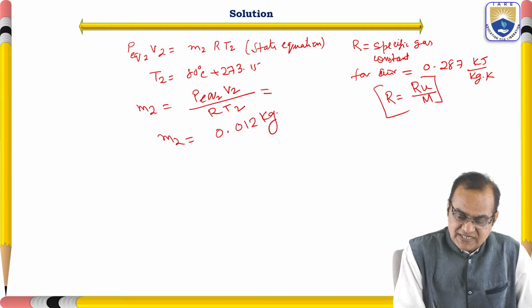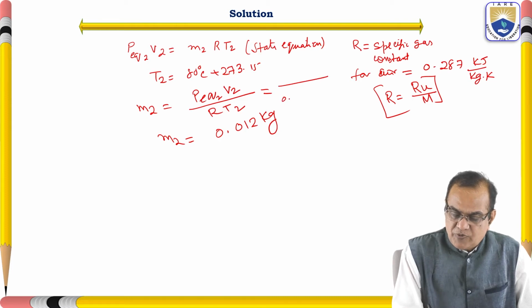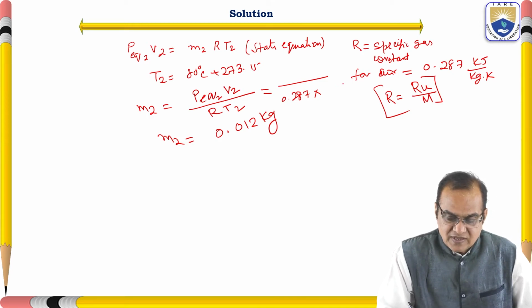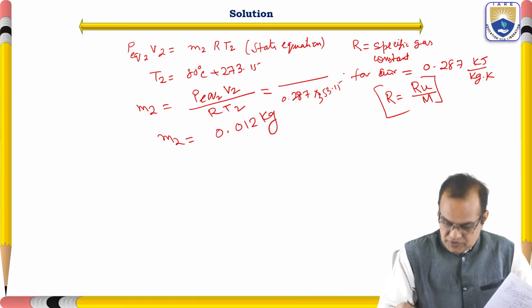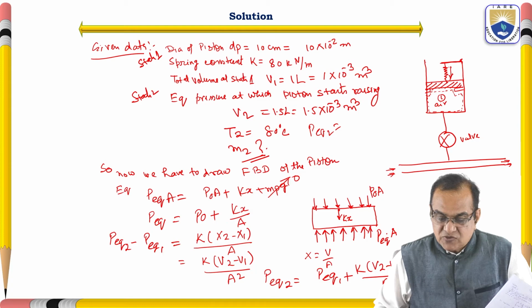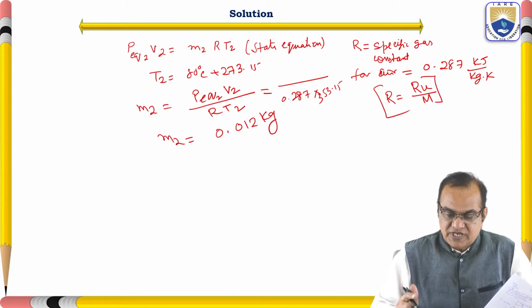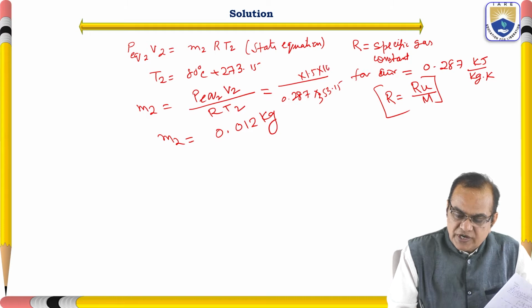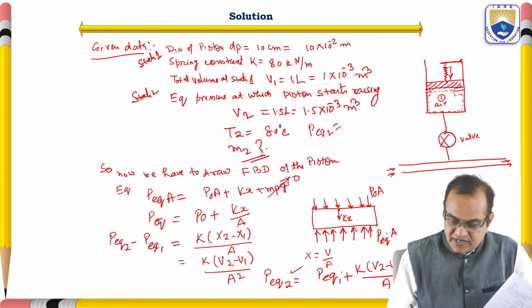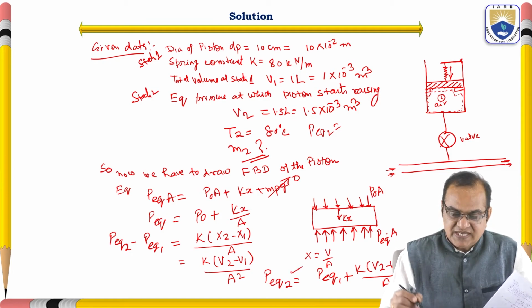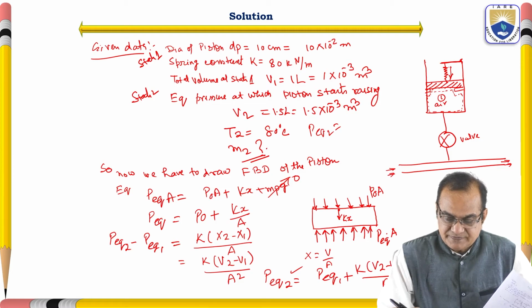You can do this as an exercise, and you will get M2 equal to 0.012 kg. So here 0.287 into 353.15, and V2 is already given as 1.5 into 10 to the power minus 3, and you can calculate P EQ2 from P EQ1 plus the term already given.